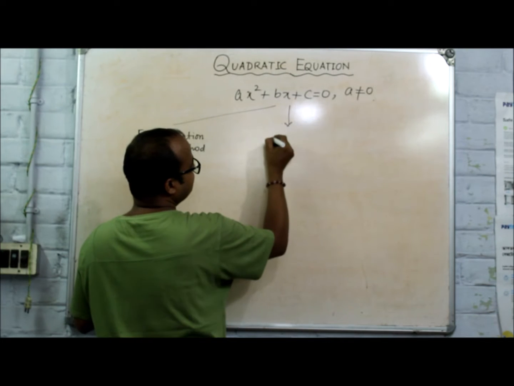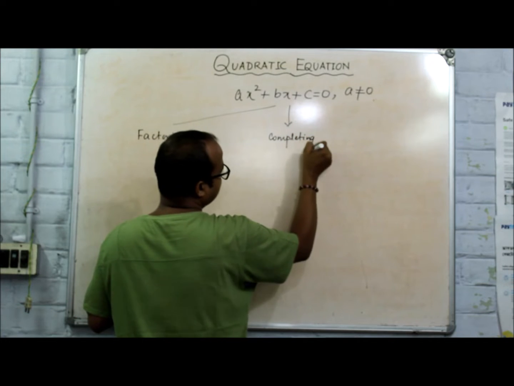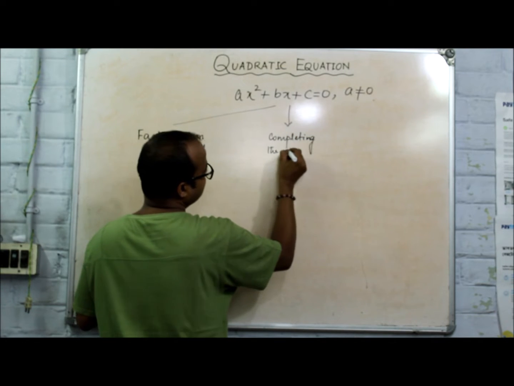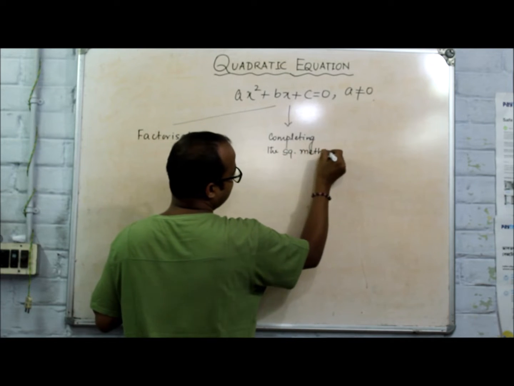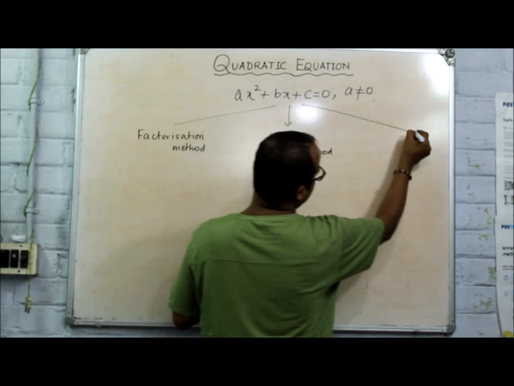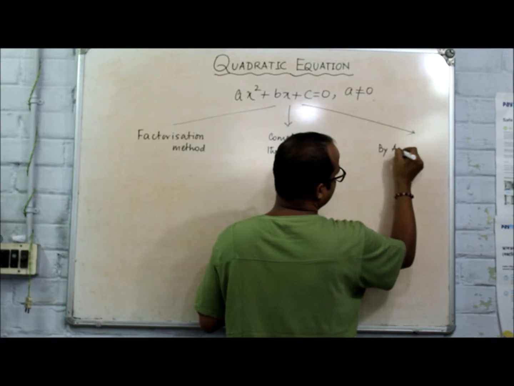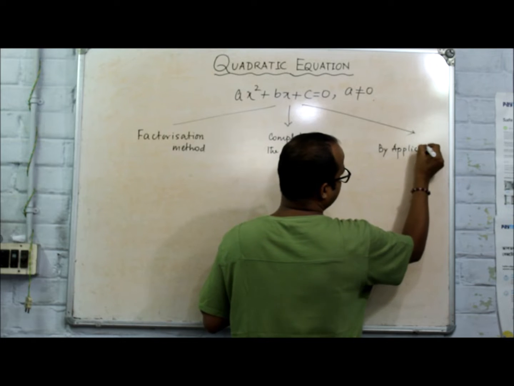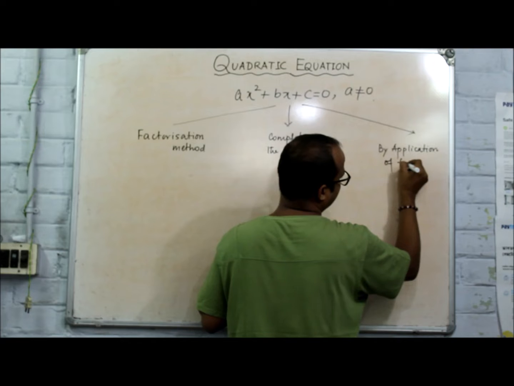Second one is the completing the square method, and the last one is by application of formula.